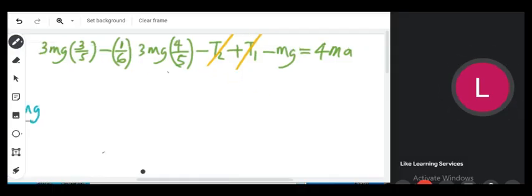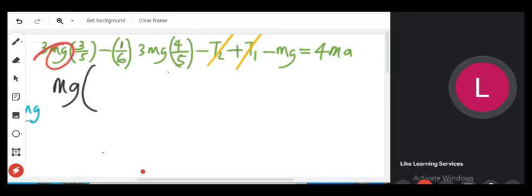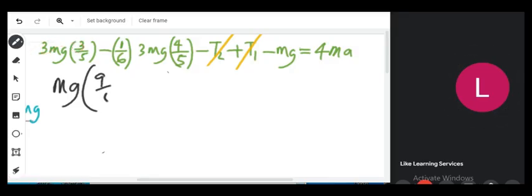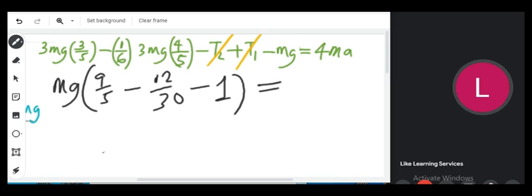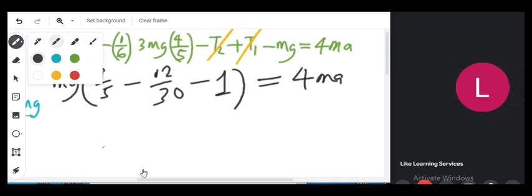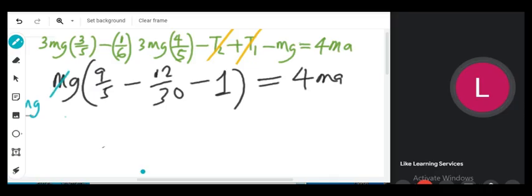Factorizing, we have mg, open the bracket: 3 times 3/5, that's 9/5, minus 1/6 times 3 times 4/5, that's 12/30, minus 1, gives us 4ma. M cancels out m.